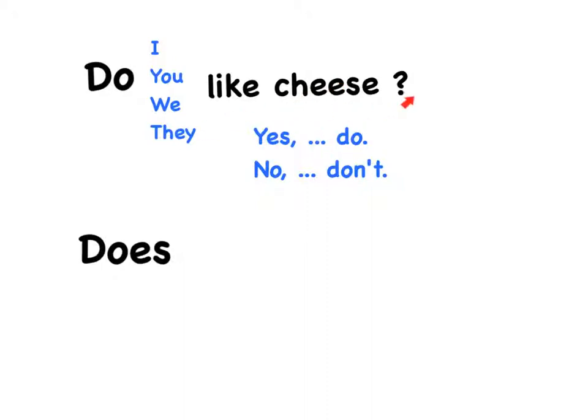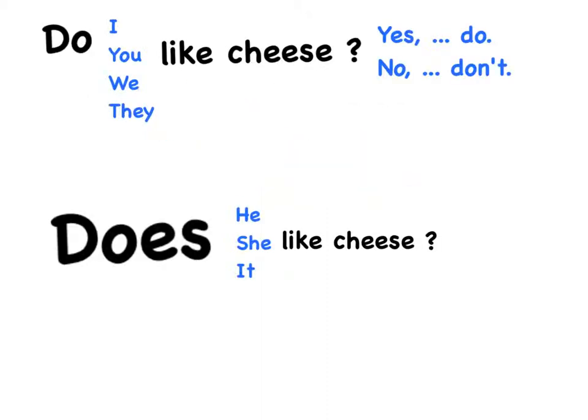No, they don't. But if I'm asking you about your mother, for example, I'm gonna have to use does. Does she like cheese? Or your father, does he like cheese? I'll put the S here, but not here, remember that? And to answer those questions, I'm gonna say, yes, she does, or no, she doesn't.